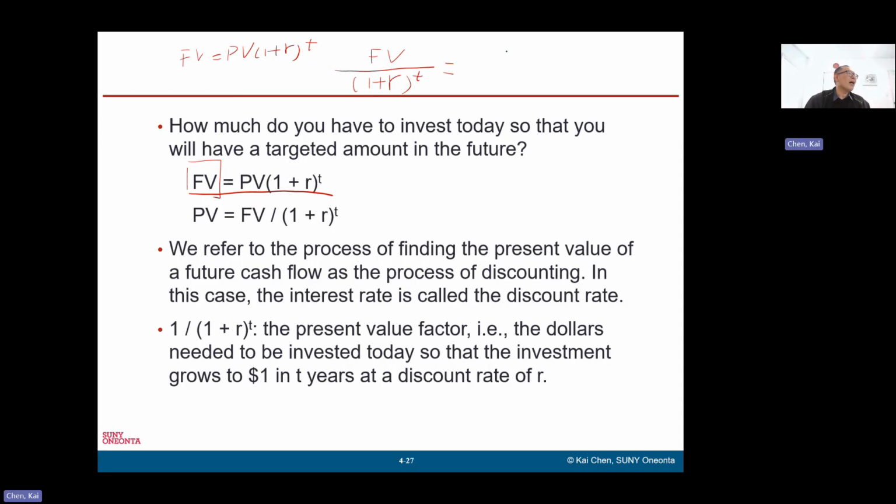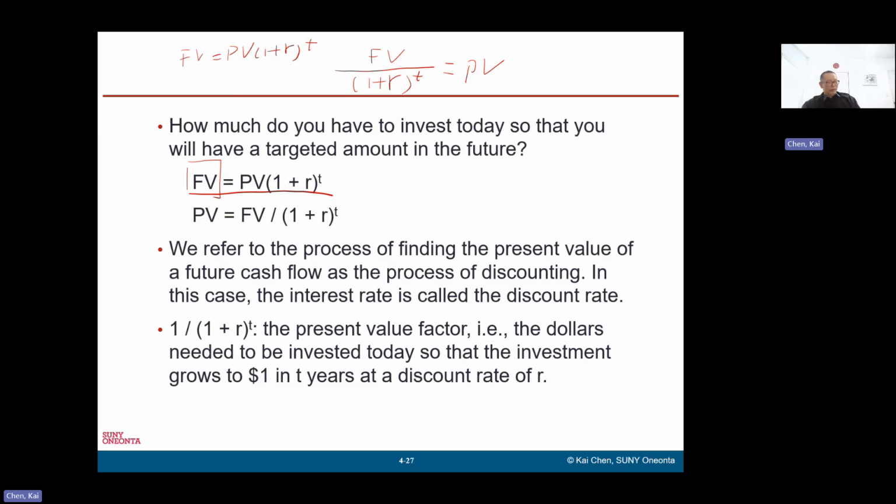On the right-hand side, PV times 1 plus R raised to the power of t divided by 1 plus R raised to the power of t, and these cancel each other. Then on the right-hand side we have PV. That is, PV equals future value divided by 1 plus R raised to the power of t.